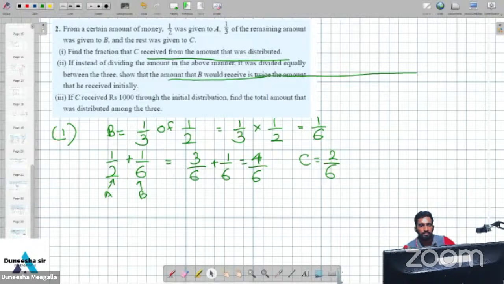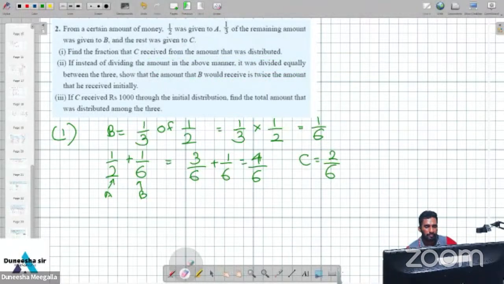Okay. What is the second one asking? If instead of dividing the amount in the above manner, it was divided equally between 3. Okay.